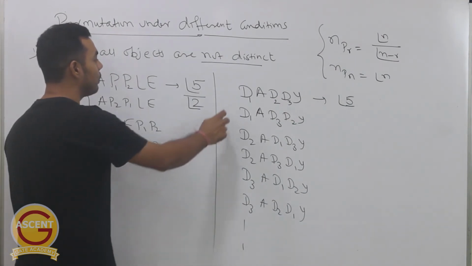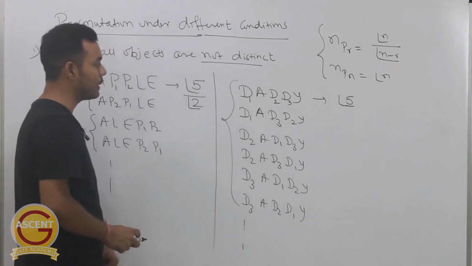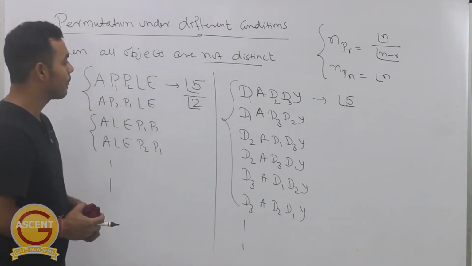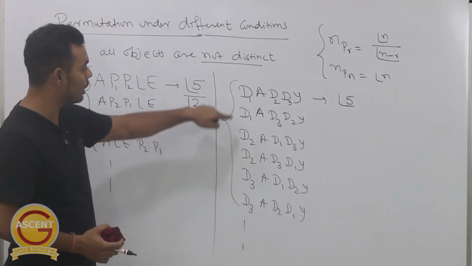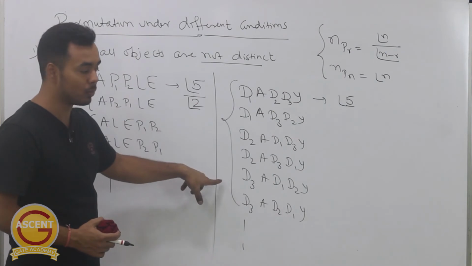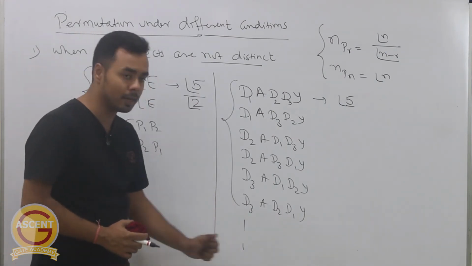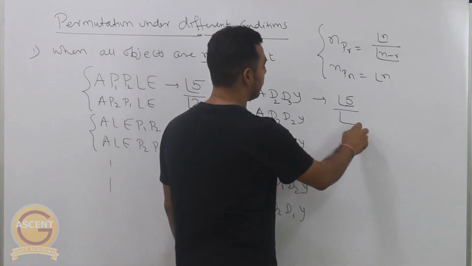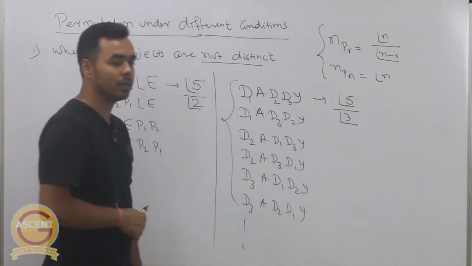Now if you see carefully, these 6 words are the same. All the words are DADDY. So a total of 120 words were possible, out of which factorial 3 number of words are the same. Another factorial 3 number of words are the same. So this means the number of different words will be simply factorial 5 by factorial 3.